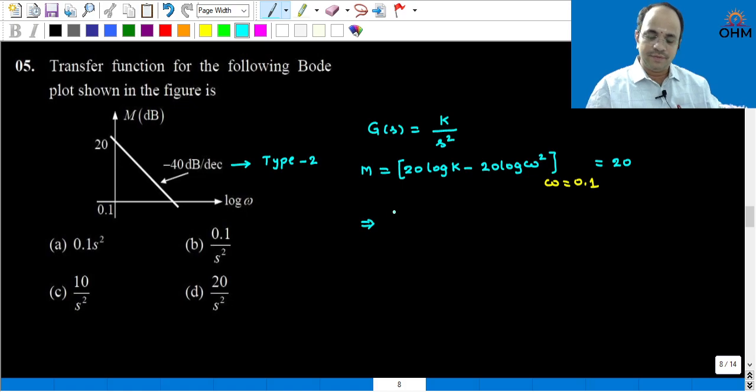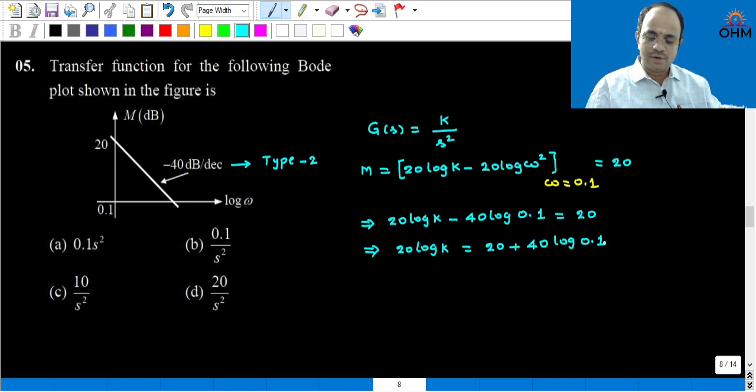So, by equating this equation, what you will get? 20 log K minus 40 log 0.1 is equal to 20. Therefore, 20 log K is equal to 20 plus 40 log 0.1.